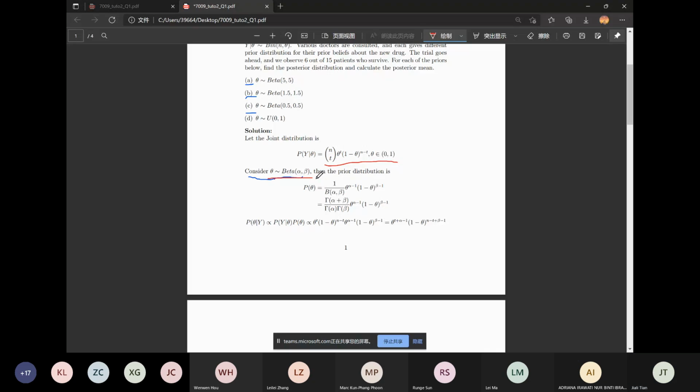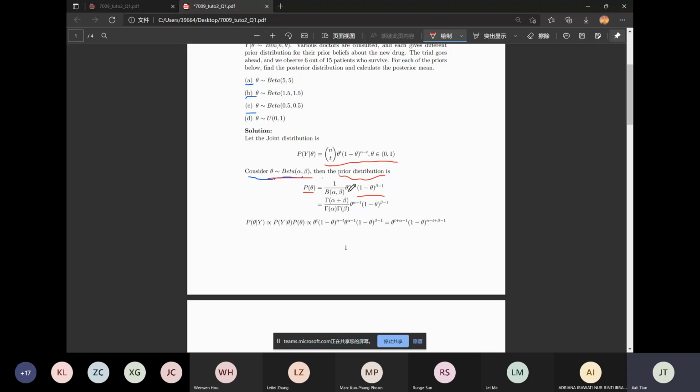And then the prior distribution is here: the probability of theta equals 1 over the beta function, multiplied by theta to the power alpha minus 1.